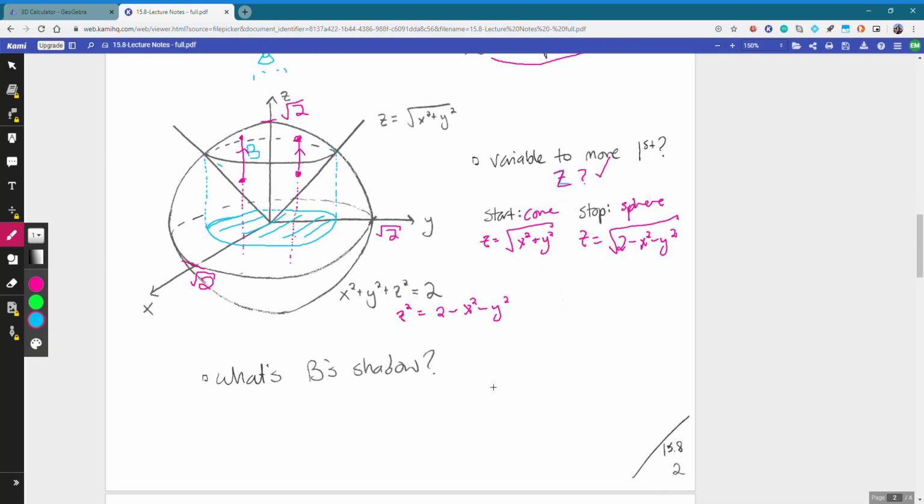All right, just for our notes' sake, let's catch up here. All right, so B's shadow is coming from the intersection of our cone and sphere.